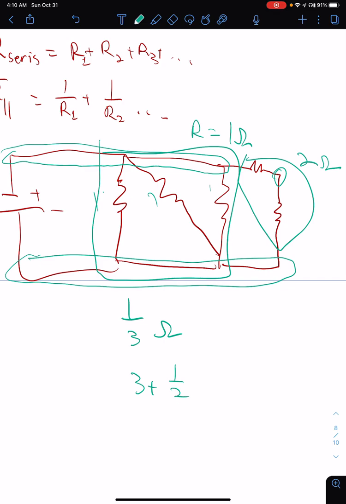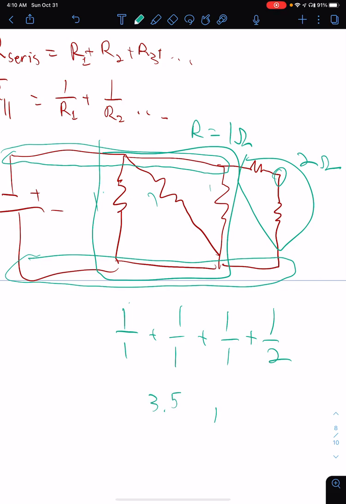I'll just write it out completely. I'll just do everything in parallel at once. 1 over 1 plus 1 over 1 plus 1 over 1 plus 1 over 2. Add them up. Yeah, 3.5. 1 over 3.5 is equal to your total equivalent resistance.